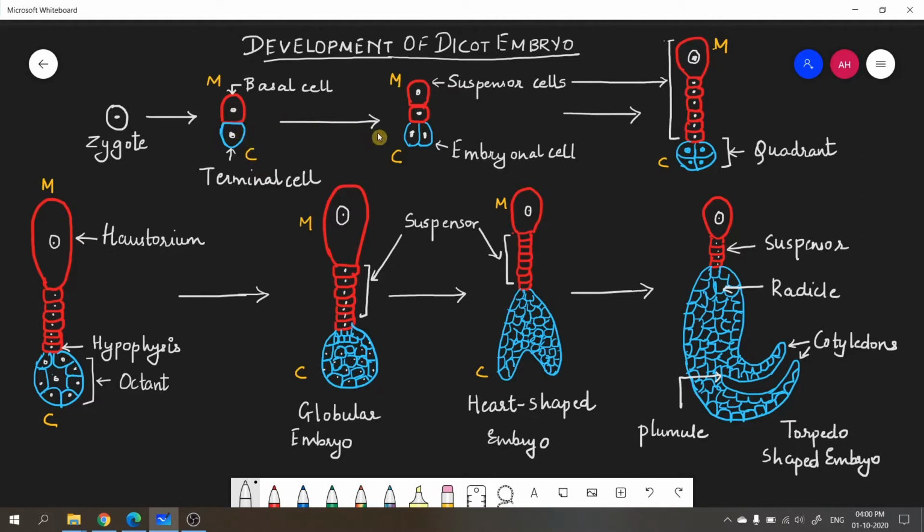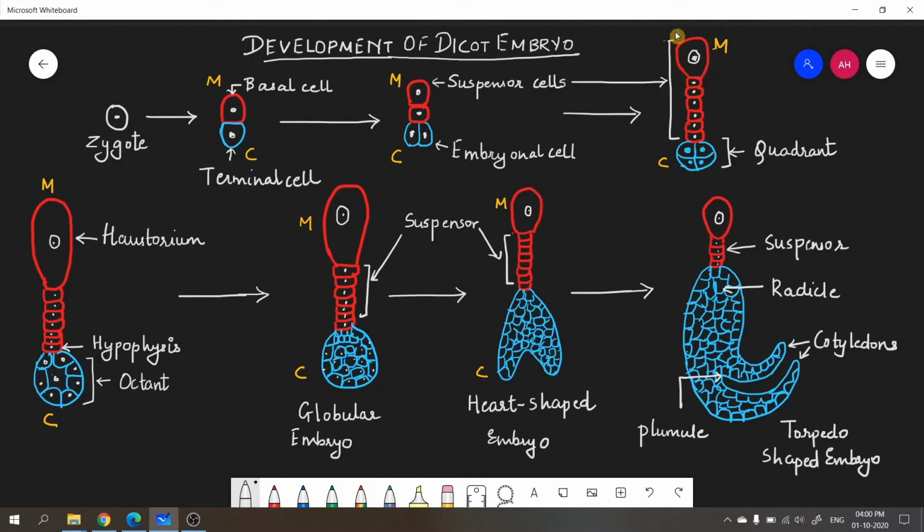Okay, coming to the next step now, if you can see, the basal cell or the suspensor cell starts to divide, and simultaneously the embryonal cell also starts to divide. I will right now focus only on the suspensor cell. So you can see the basal cell or the suspensor initial cell undergoes division. Here you can see two cells followed by formation of a row of 6 to 8 cells, right?